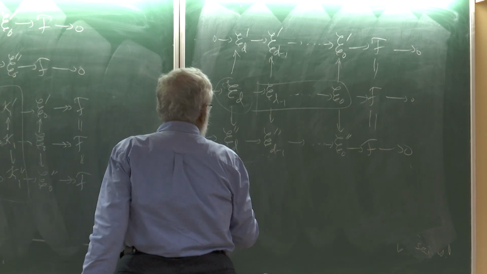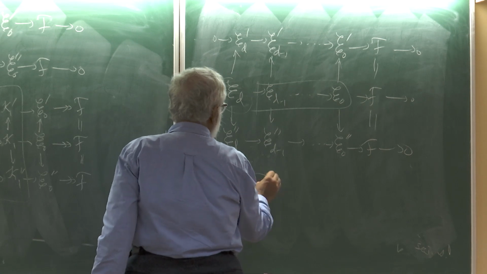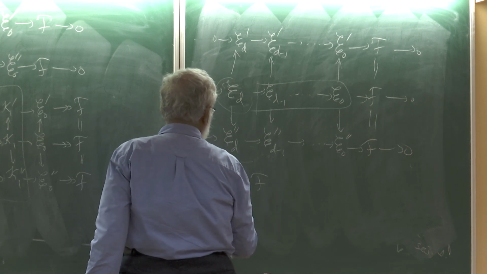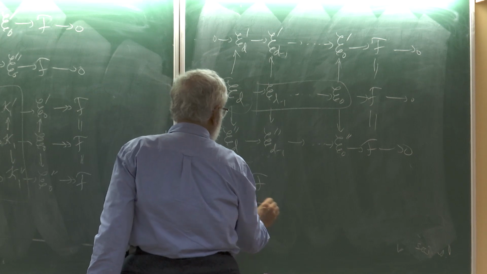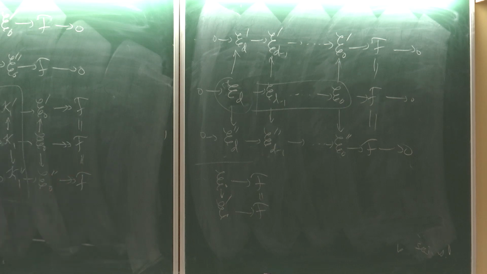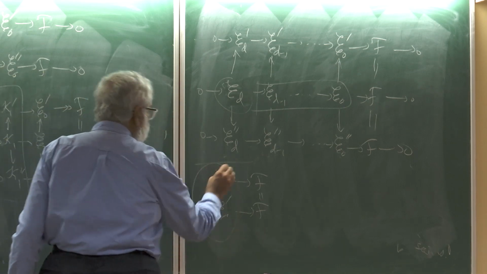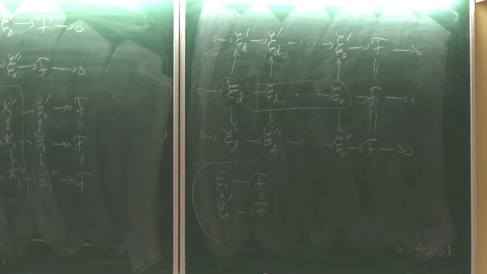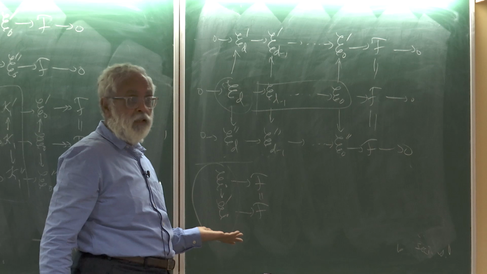Suppose I have E dot to F and say E prime dot to F. Two resolutions by vector bundles and a map. Now forget the F part and just look at this part. This is some map of complexes of vector bundles which induces isomorphism on the homology. There is in fact only one homology in each case, F, and F to F is the identity.